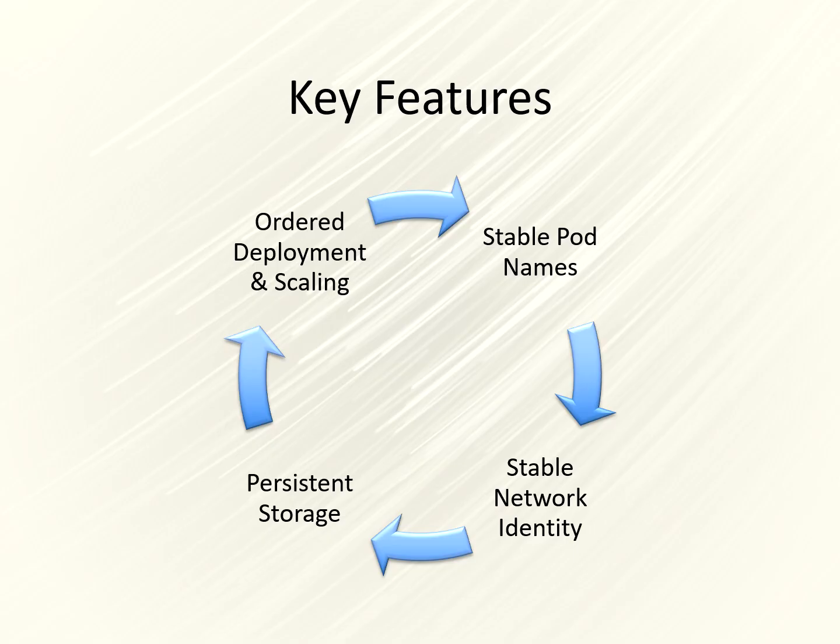We'll understand its key features. Each pod gets a predictable name. Instead of random pod names, you will see names like MySQL-0, MySQL-1, MySQL-2, and this identity will remain consistent even after restarts.